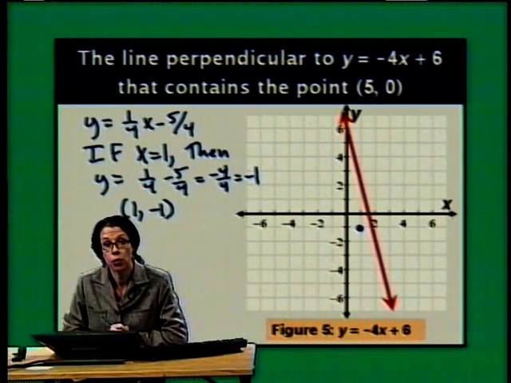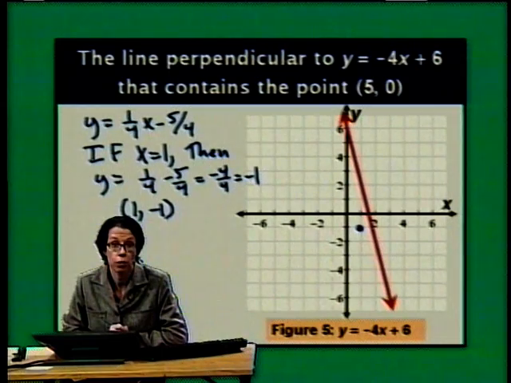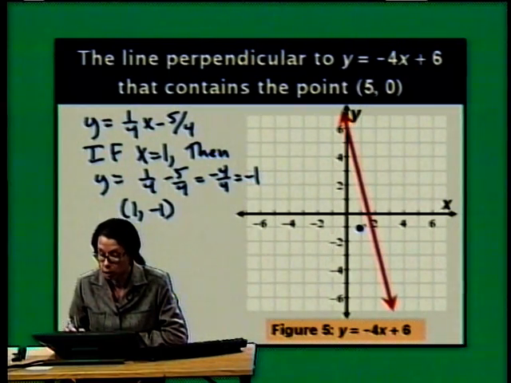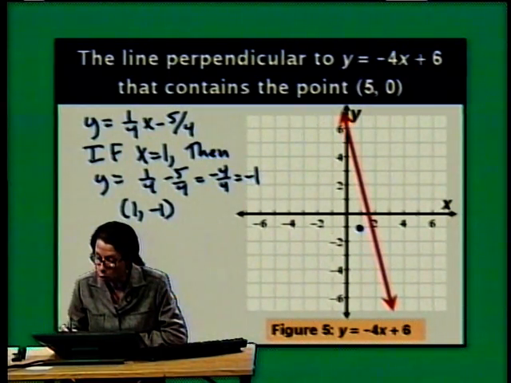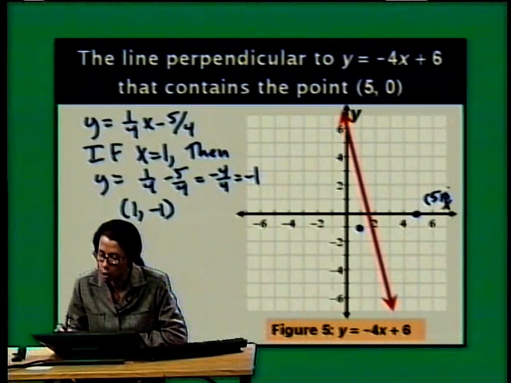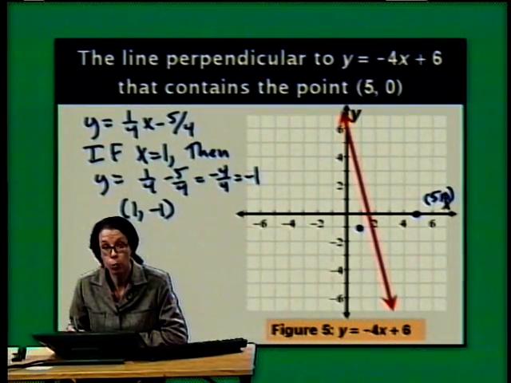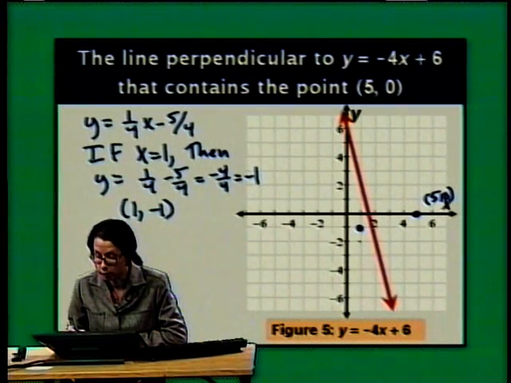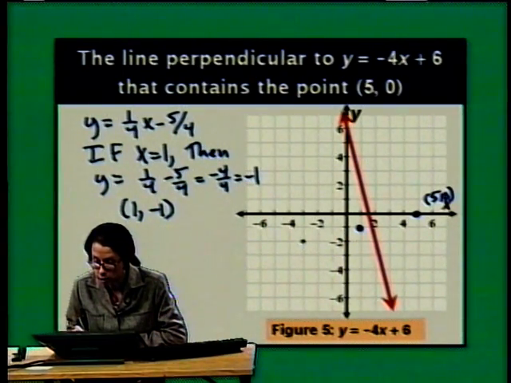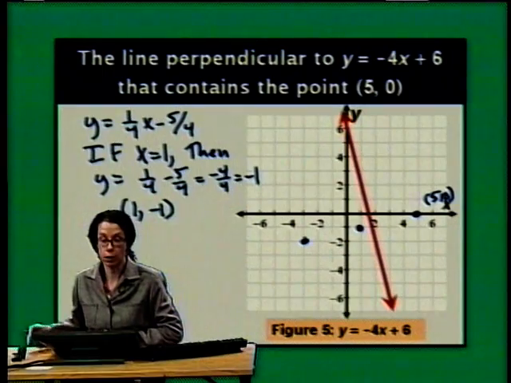Now I want to use a slope of 1/4 to graph this line. So I'm going to go up 1 over 4. Notice I just landed on the point I wanted, but let me get another point to graph this line. Starting at the point (1, -1), I can go down 1 and left 4 to get a third point on the line.